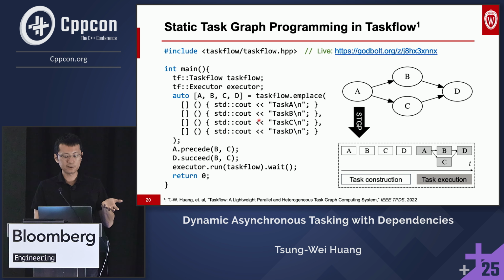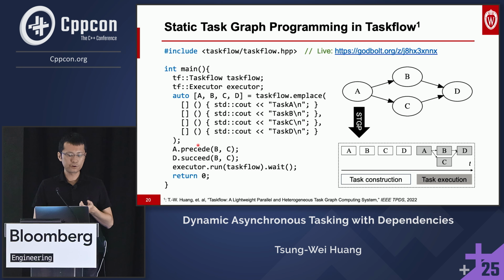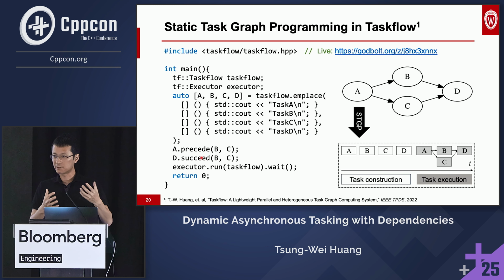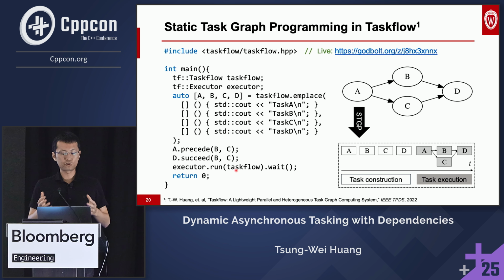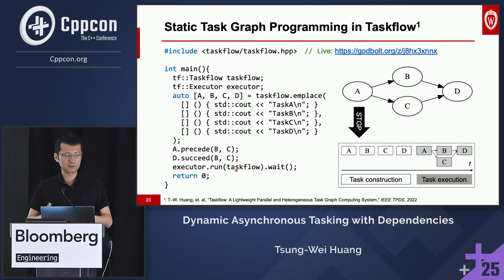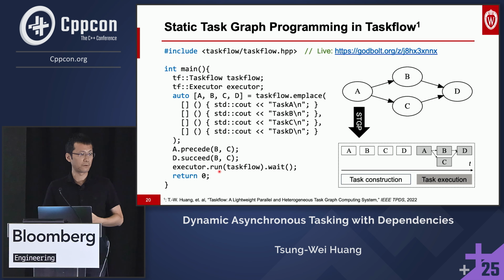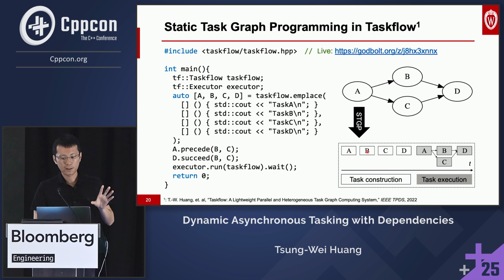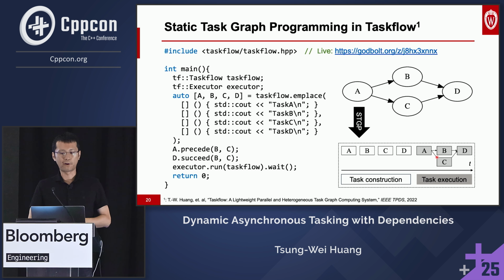Then you define 4 tasks in terms of C++ lambda function objects, A, B, C, D. And then you use the precede and succeed methods to relay the dependencies among A, B, C, D. Very simple. When you finish constructing the task graph, you simply submit it to the executor, and the executor will handle the scheduling details for you. So as you can see from this example, the construction and execution of the task graph are separate from each other. You construct the graph first, and then you submit it for execution.